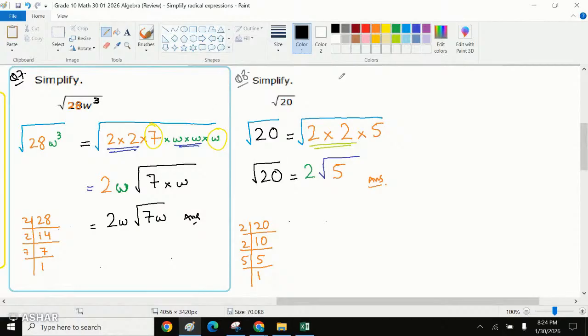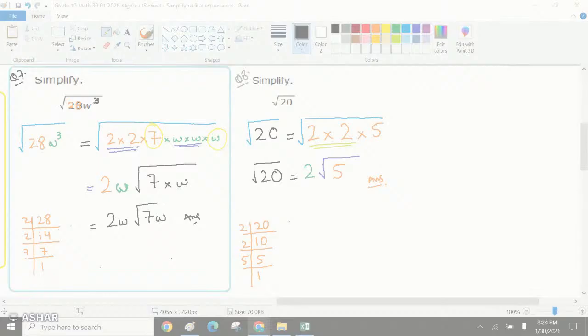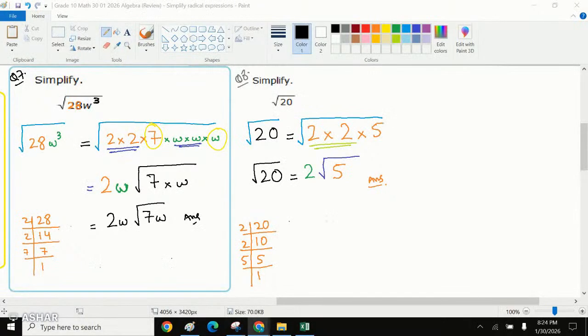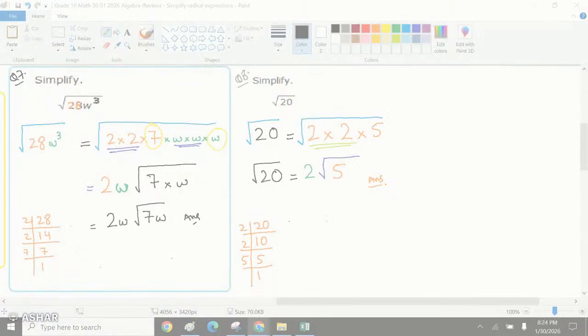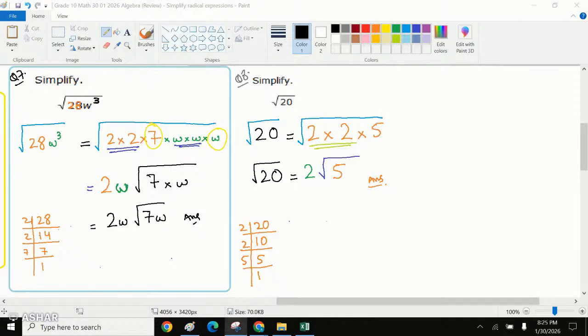Moving ahead to the next question. So the next question states that it says subtract and give your answers in the simplest form.